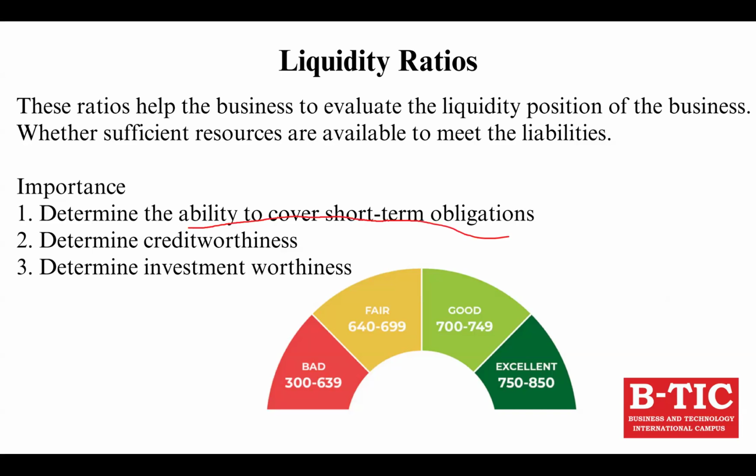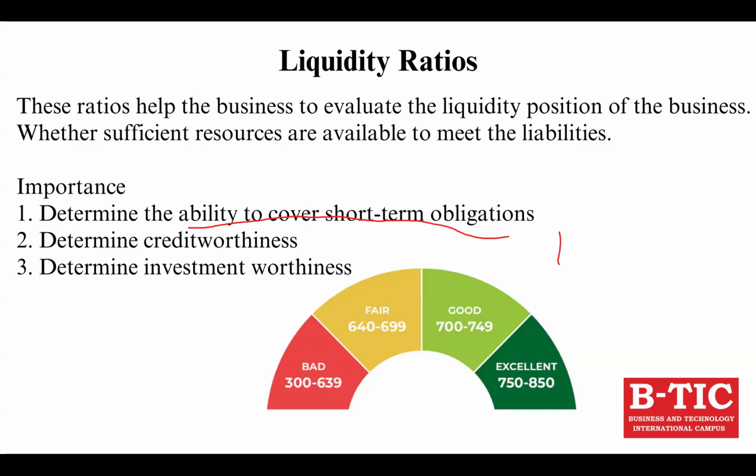Liquidity ratios are important to investors and creditors to determine if a company can cover its short-term obligations and to what degree. You will be learning everything in detail. I will explain what 1 means, what 2 means, everything in detail.